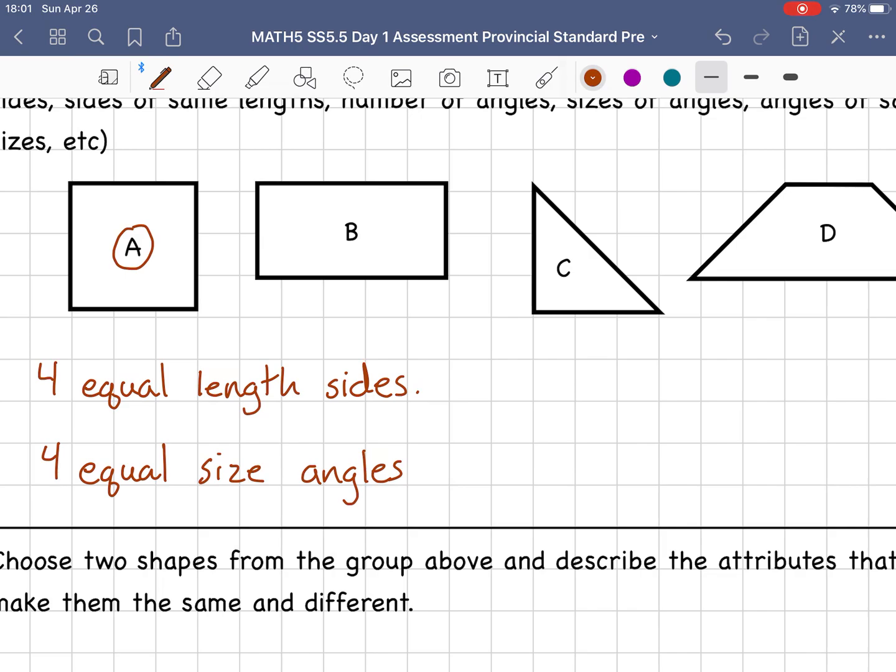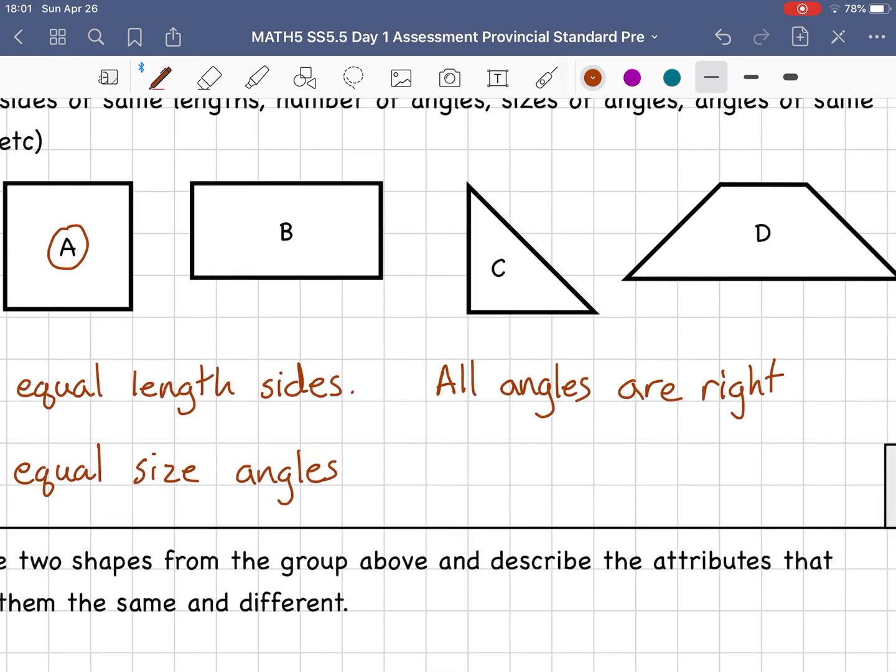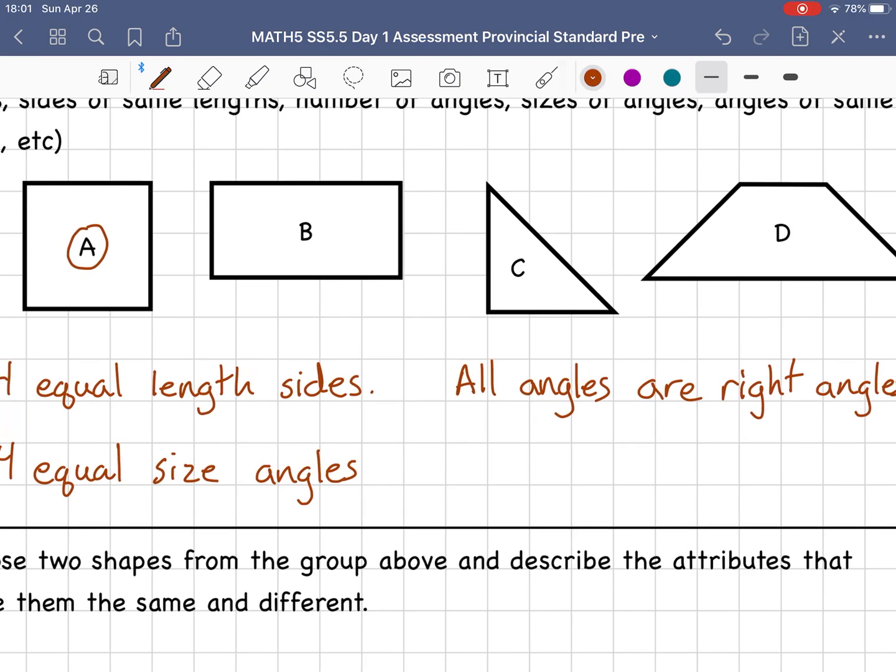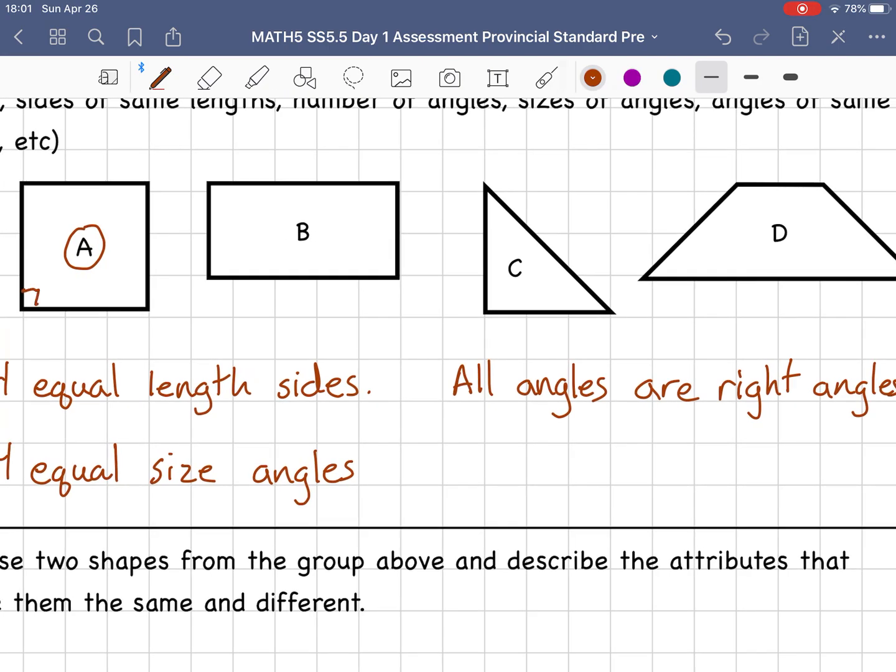All angles are right angles. They're square angles. So you can put that like this with the little squares. All angles are right angles.